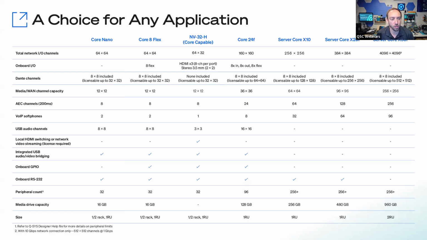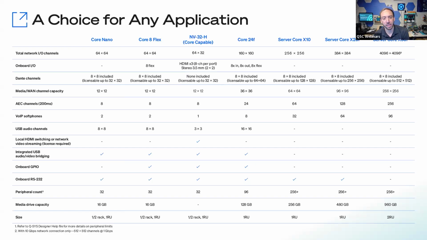So that would count on your network IO streams because we're streaming that audio from the QIO box to that core. So Dante does not count in this because Dante uses the software Dante capabilities of the core. But AES counts in that.